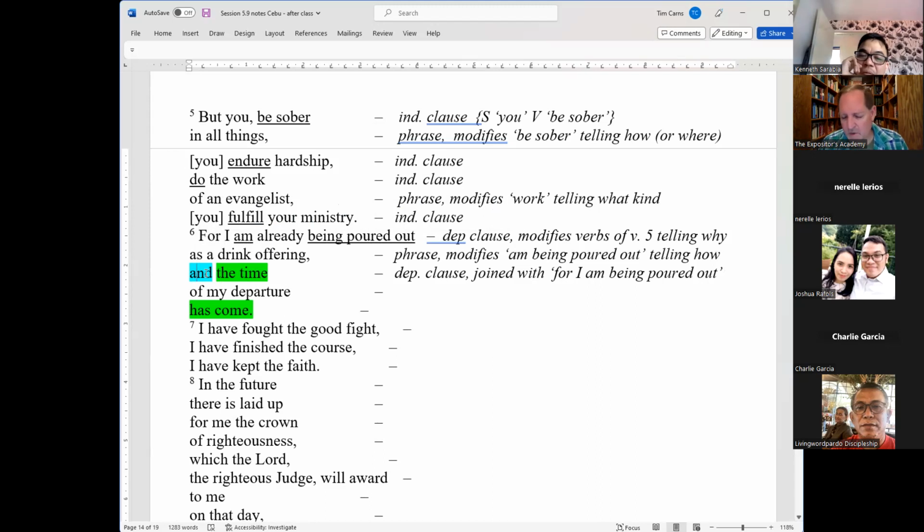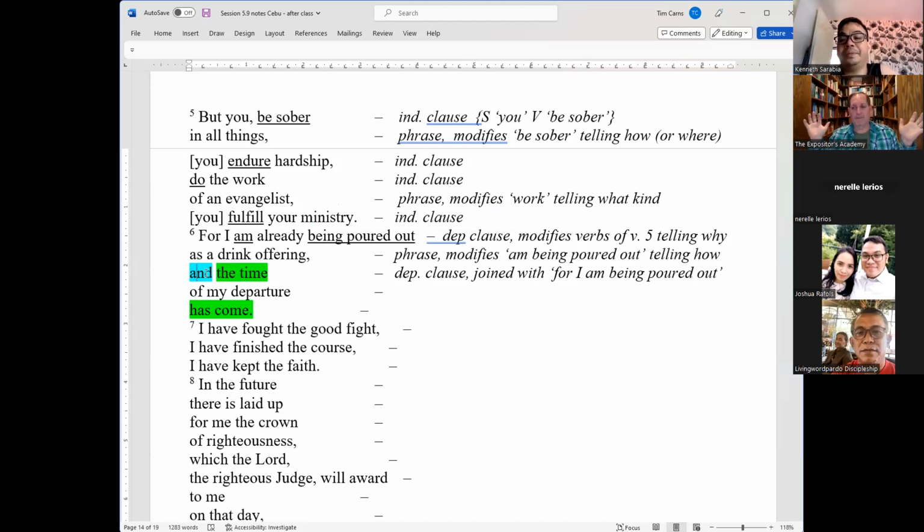A coordinating conjunction can connect anything. It's just equal. It can connect words, verbs, nouns, phrases, independent clauses, dependent clauses. It can connect anything. You just have to look and ask yourself two questions.